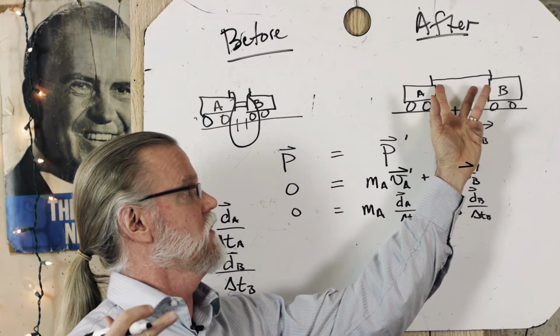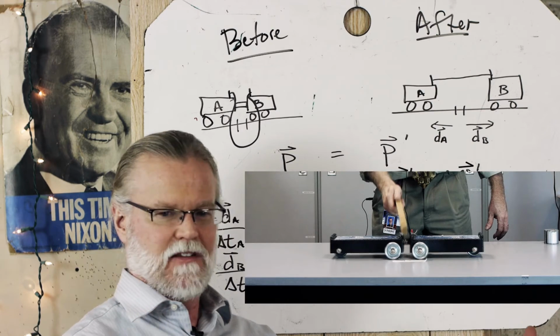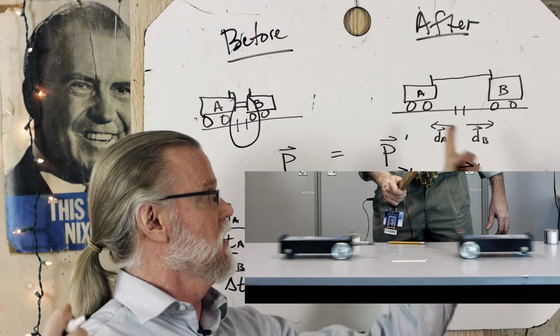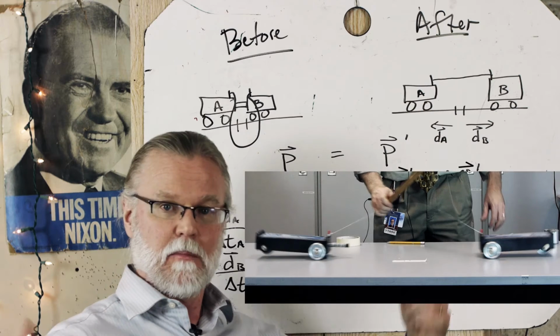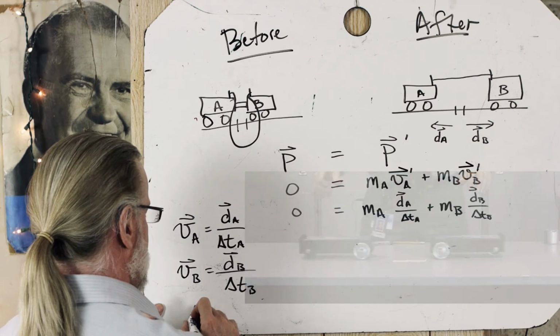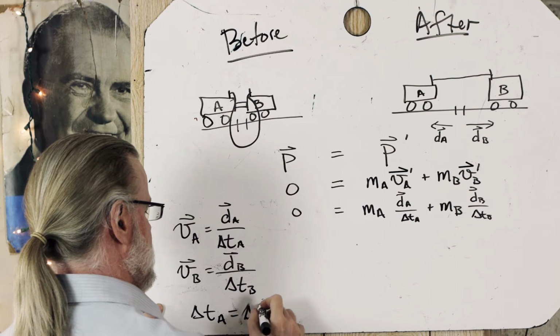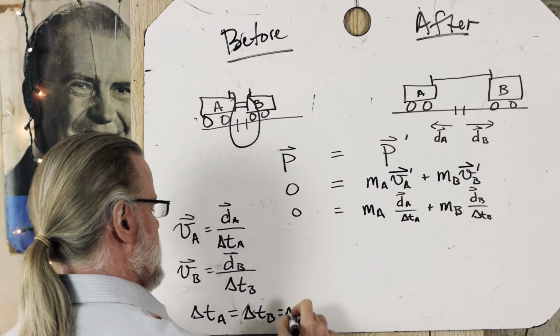Because the one string stops them, it stops them at the same time. As soon as that string is taut on A, it's also taut on B, and it stops those carts. So delta T A equals delta T B. Let's just call that delta T.